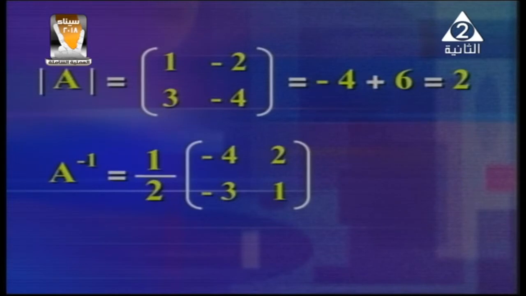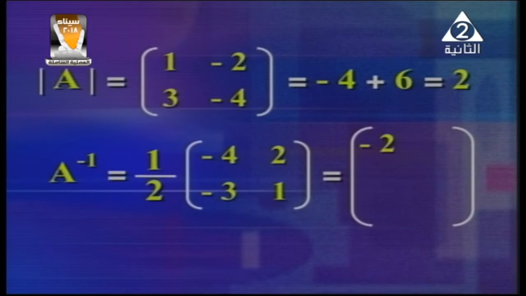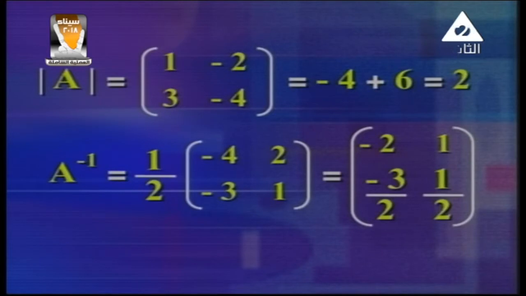And we change the sign of the second diagonal: negative 2 becomes 2, 3 becomes negative 3. Multiply each element by 1 over 2, which equals negative 2, 1, negative 3 over 2, 1 over 2. This is the inverse of the square matrix.